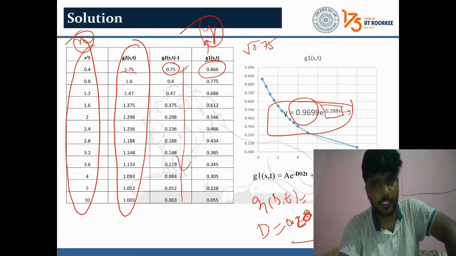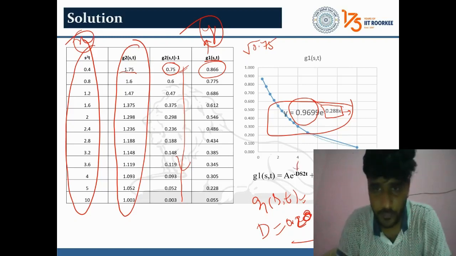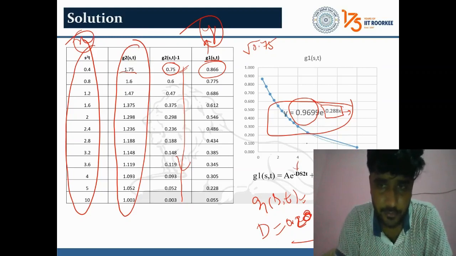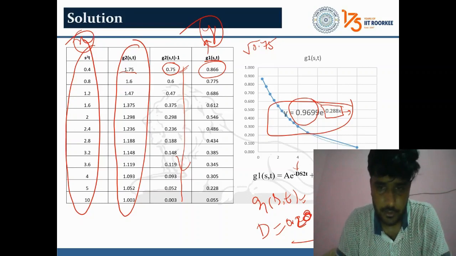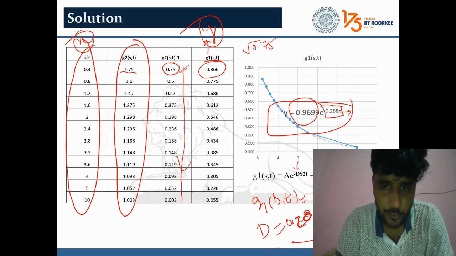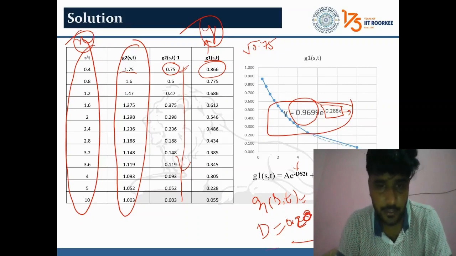By plotting a curve you will get an equation like this. With the help of this equation, you can calculate the diffusion coefficient. The diffusion coefficient value we are getting is 0.288 into 10 raised to minus 10 meter square per second.